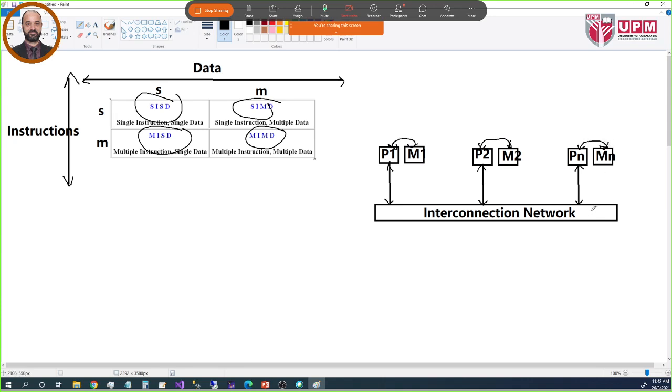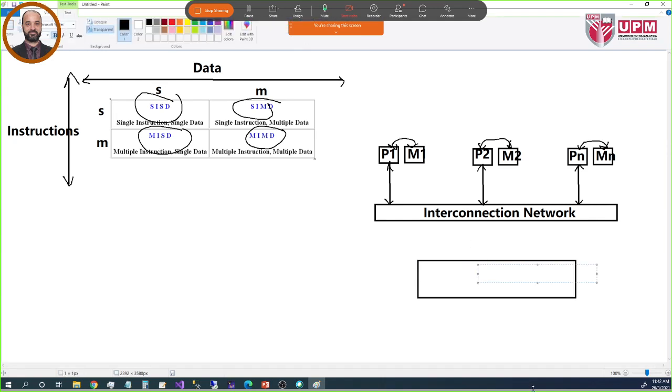And also they may have something called shared memory here.